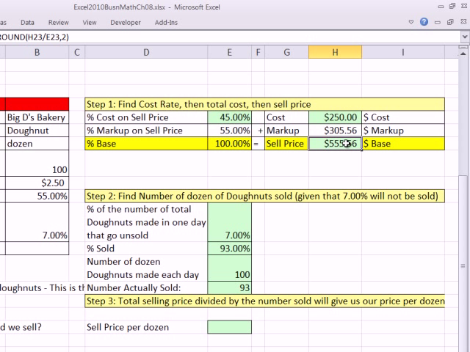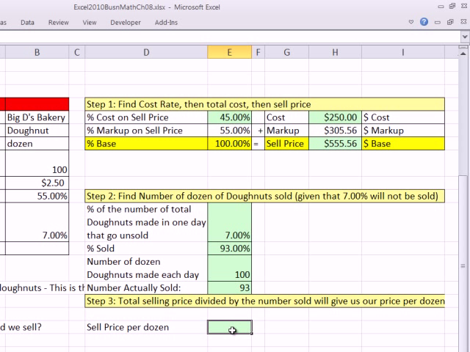Now, our selling price is straightforward. We already calculated our sell price here based on the fact that we had all of the costs, meaning we made 100 dozen. The only trick here was to calculate the number we actually sold. This is all the money we want to come into our business, given a 55% markup on sell price.